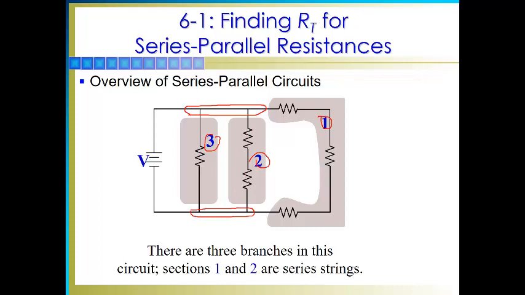So the sum of all the series resistors is the equivalent, the total resistance for this branch. In branch 1, we have three different resistors, but they're all connected in series, 1, 2, and 3. So we can replace this branch by one branch that has only one resistor, which will be the sum of all three of these series connected components.